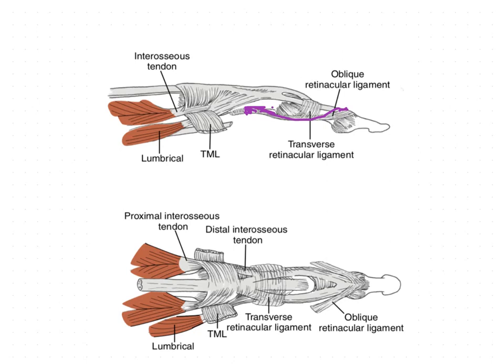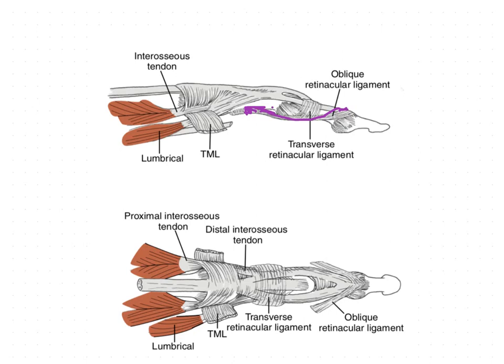That means this oblique retinacular ligament, which is present on the volar aspect, comes towards the dorsal aspect and gets inserted with the lateral bands. With this, the entire structure of the extensor mechanism is complete.